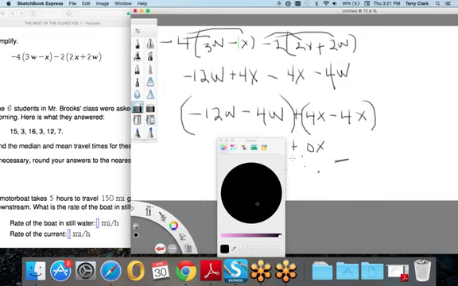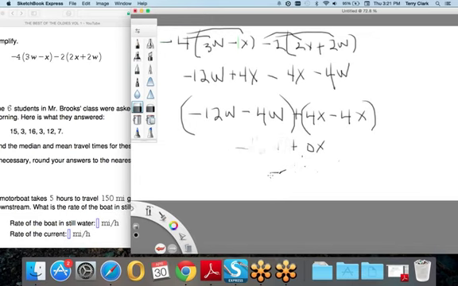Okay, that's better. Okay, yep, that should be negative 16. I gotta be a little careful there. So that should be negative 16 W. And the final answer is gonna be negative 16 W.